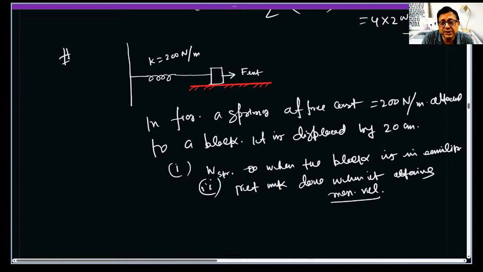Now when it comes back to the equilibrium point, it acquires the maximum velocity, isn't it? So your problem is to calculate the net work done on the block. How to account for this?